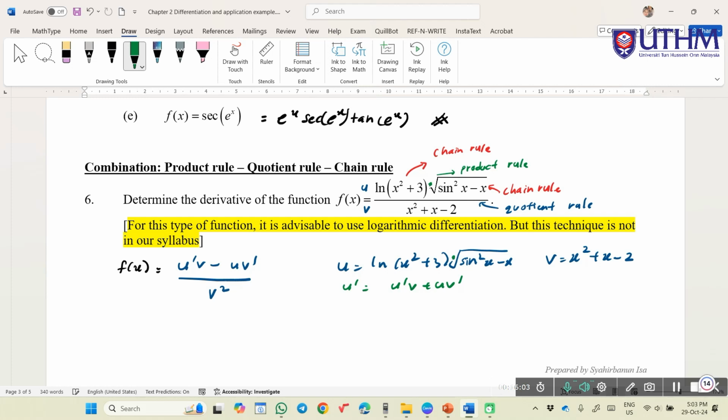For my example, I will use a different color. So for the u prime here, for our product rule, our u now is ln of x squared plus 3. Our v now is square root of sine squared x minus x.